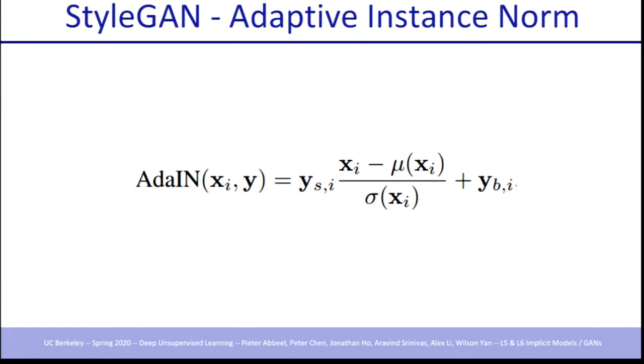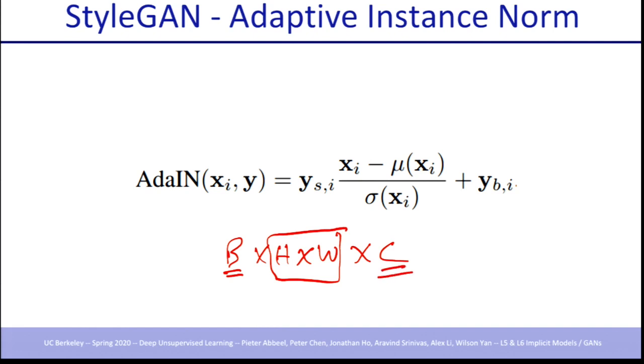So a crucial trick in style transfer, not specific to GANs, is called instance normalization. In instance normalization, if you have a tensor of batch, height, width, channel, you only take the average statistics over your spatial dimensions. So you calculate separate statistics for every single sample, for every single feature map. And that's very useful in style transfer.